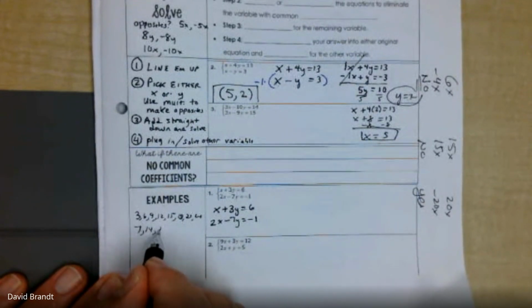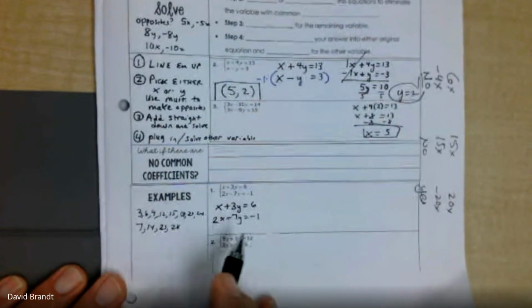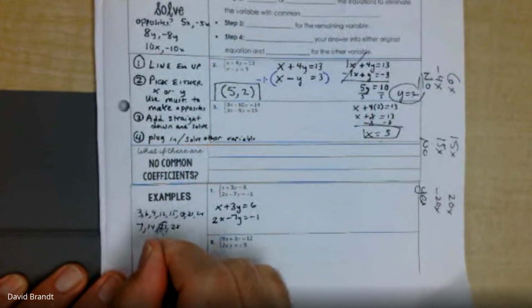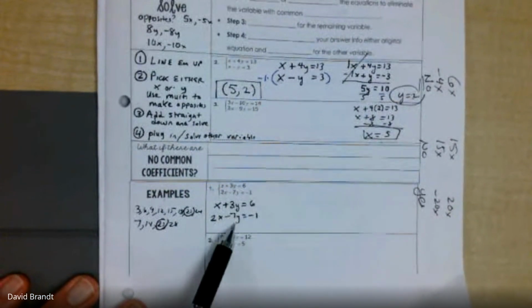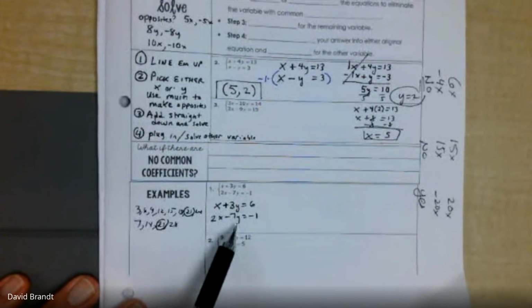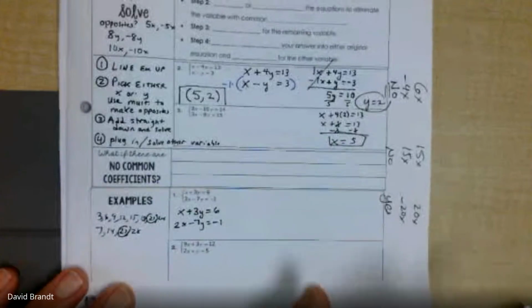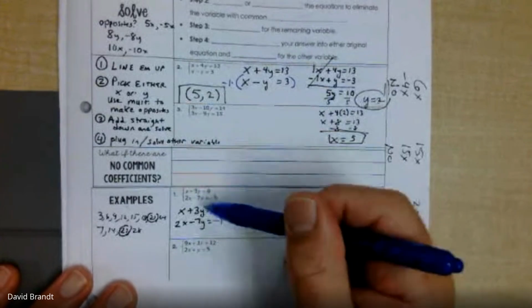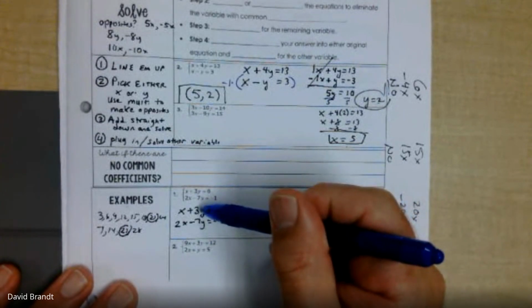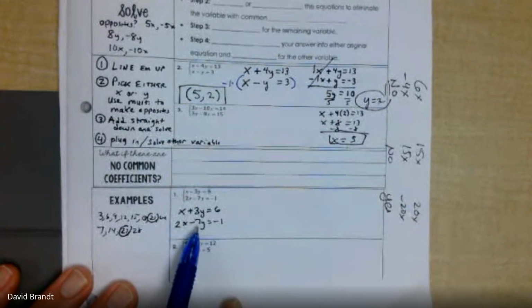If I count by 7s, 7, 14, 21, 28. They have 21 in common. So I can turn both of these into 21s. How do you do that? You have to use multiplication. I'm going to turn this into a 21y, and that into a -21y.